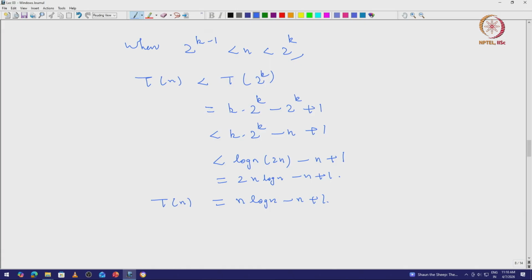T of n equals n log n minus n plus 1 when n is 2 power k, and this is the expression when n is not equal to 2 power k. When n is not a power of 2, this is the bound that we have. Therefore, we can write T of n is less than or equal to 2n log n minus n plus 1 for all n greater than or equal to 0.